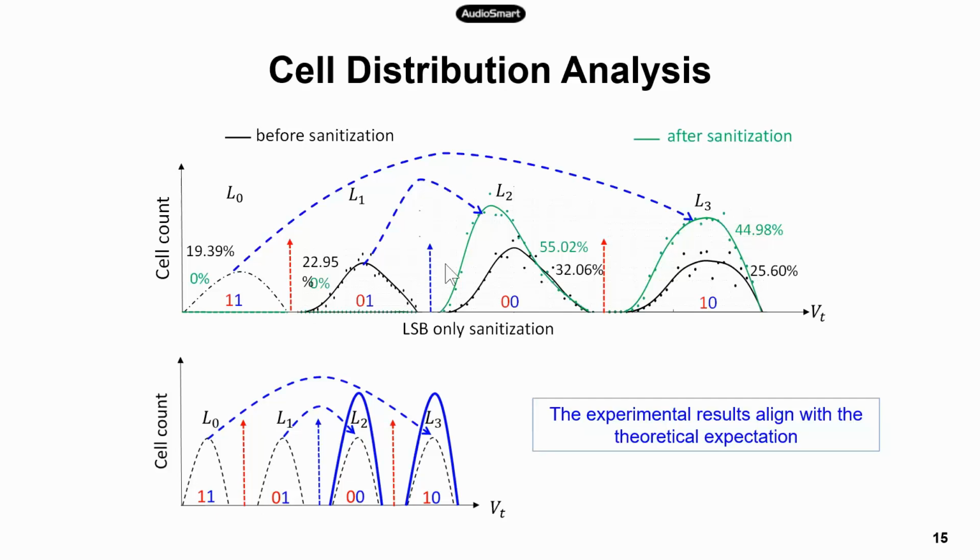This is just for LSB-only sanitization. After sanitization, L0 moves to L3 and L1 moves to L2. Therefore, the experimental results align with the theoretical expectation.